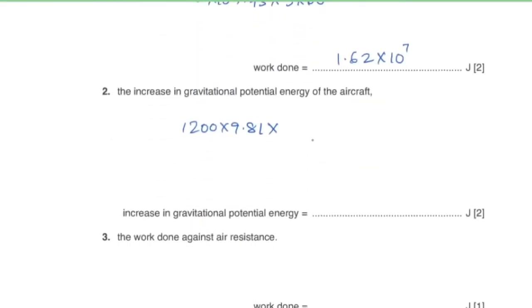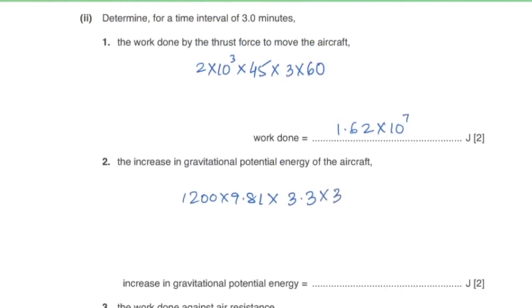So this will be equal to 7 × 10^6 joules. 3.3 × 3 × 60 is the height it covers in the time interval of 3 minutes, since it covers 3.3 meters of height every second.